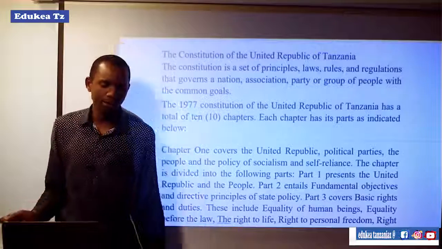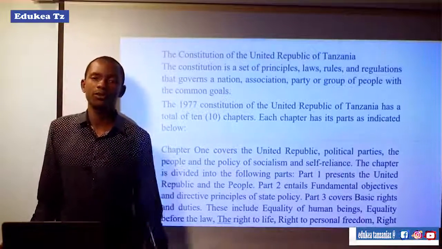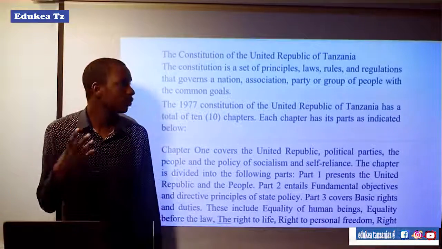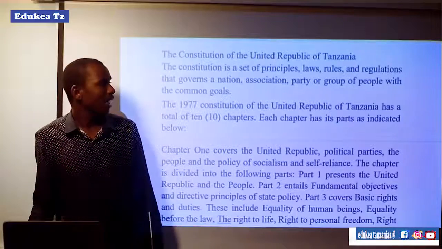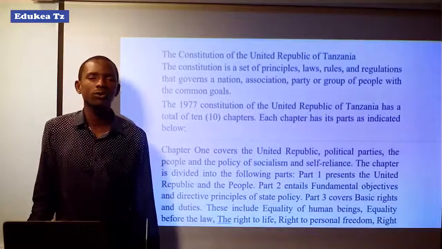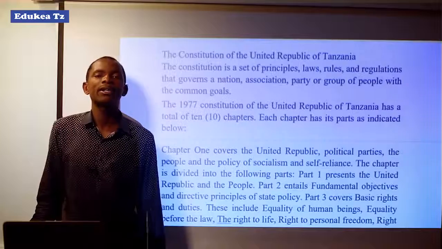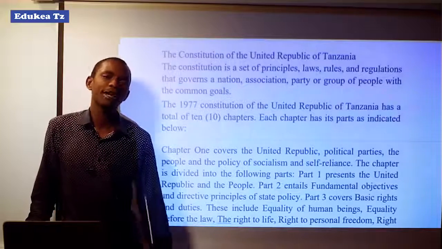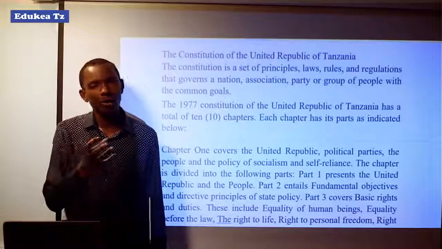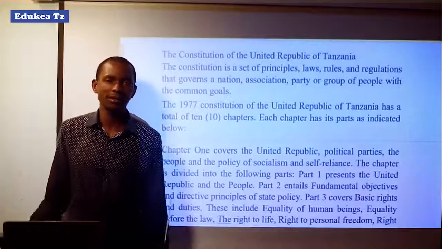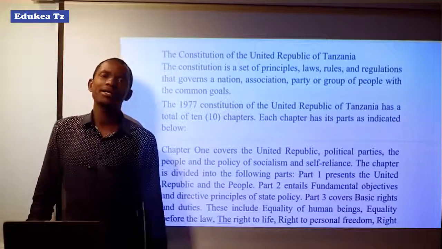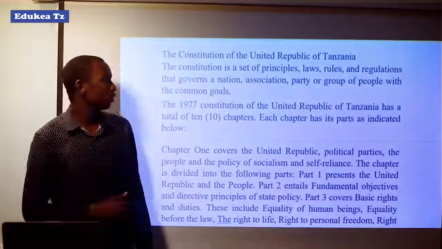So when we talk about the Constitution, we mean the principles, regulations, laws, and rules which govern a particular group of people or a nation. Those principles, laws, regulations, and rules are examples of a Constitution.